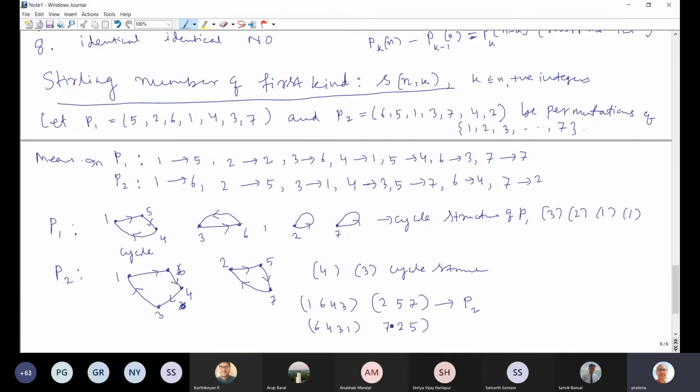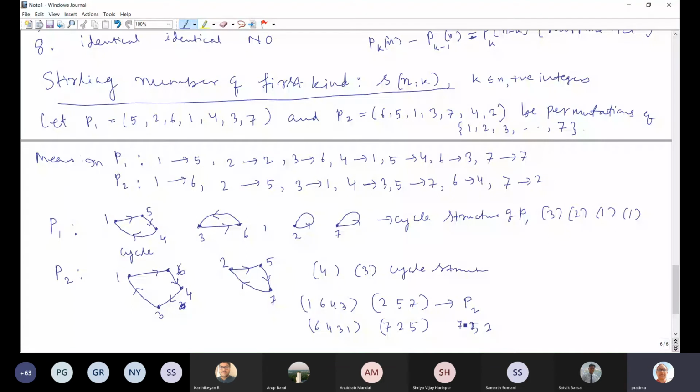But if I write 7, 5, 2, that would be the reverse cycle, so it is not the same one.